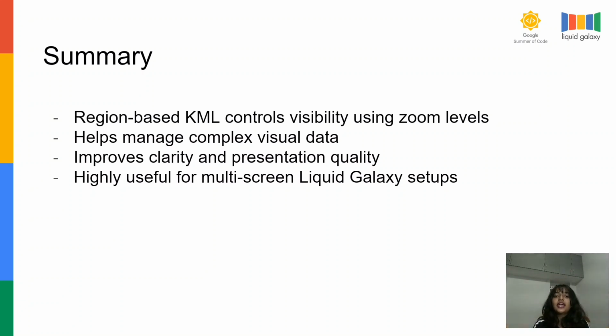They pop up slowly, and you can see the details in a well mannered way. It helps manage complex visual data efficiently. It improves clarity, performance, and presentation quality. And it is especially useful in multi screen Liquid Galaxy environments.